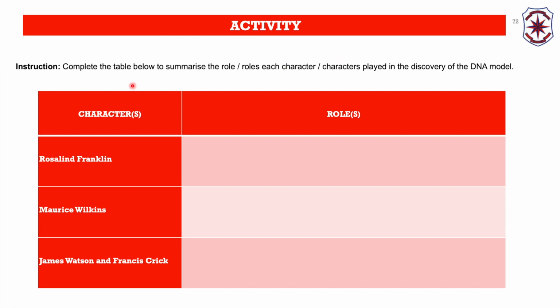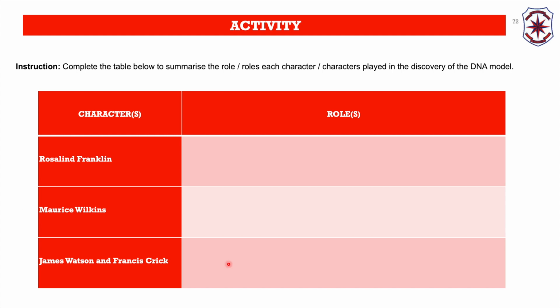So the instruction of this activity reads, complete the table below to summarize the role or roles of each character or characters played in the discovery of the DNA model. Okay, so on this side we have the characters: Rosalind Franklin, Maurice Wilkins, and remember, James Watson and Francis Crick worked together. So their role I have put in one column.